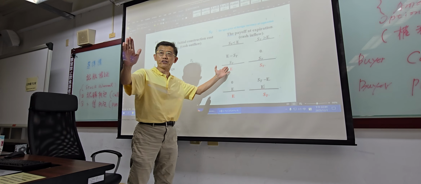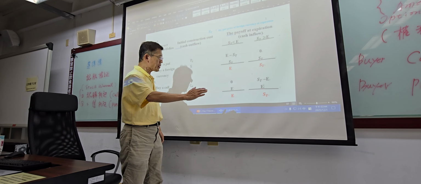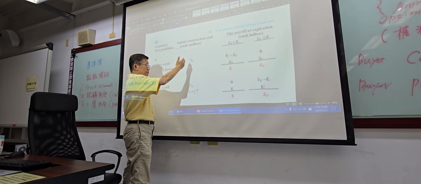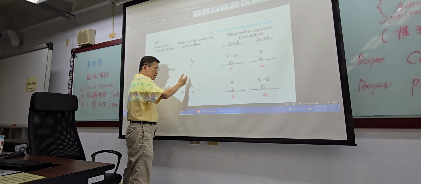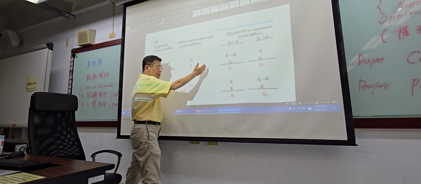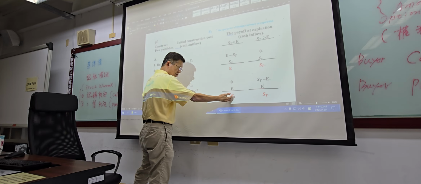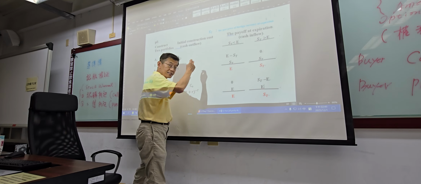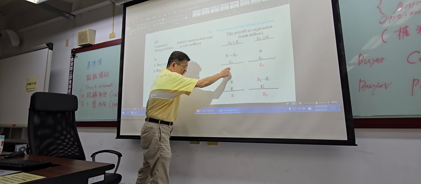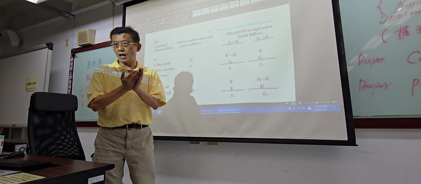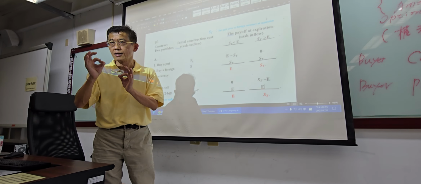And at the expiration, because you buy and you sell, your payoff will be capital E right here, and the payoff over here will be minus E. So E minus E sums up to 0, right?